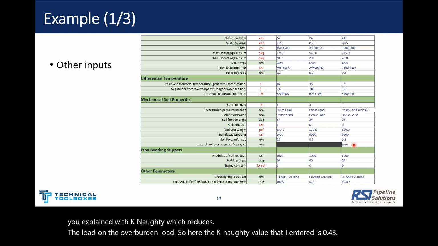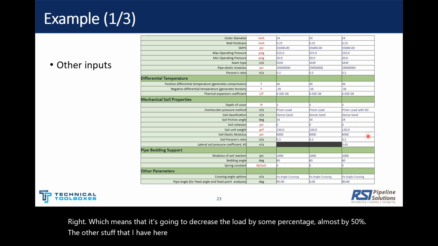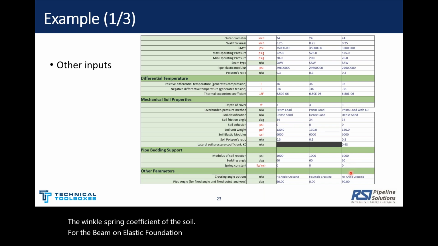Right, which means that it's gonna decrease the load by some percentage, almost by 50%. The other stuff that I have here is just the soil properties, which is mainly used to calculate the Winkler spring coefficient of the soil for the beam on elastic foundation calculations.